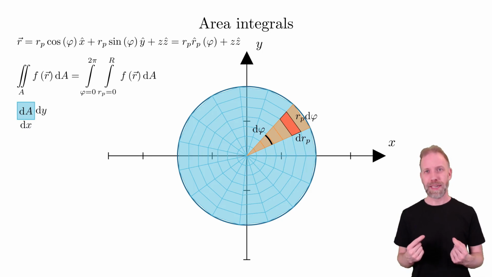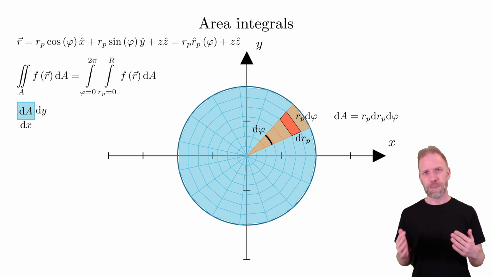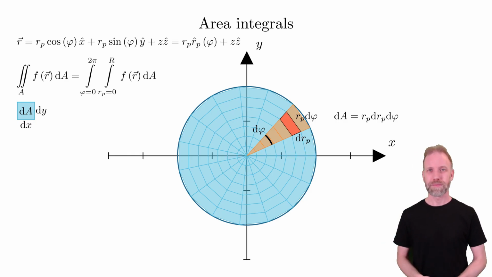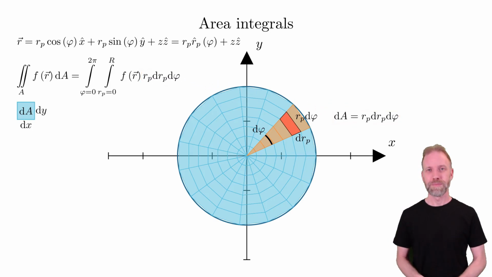And if we approximate the area element as a rectangle, we get that the area is rho times d rho d phi. When d rho and d phi go to 0, it is good enough to approximate the area element as rectangular. Now we can insert the area element into the integral. And we have an expression for the double integral of a circle in polar coordinates.